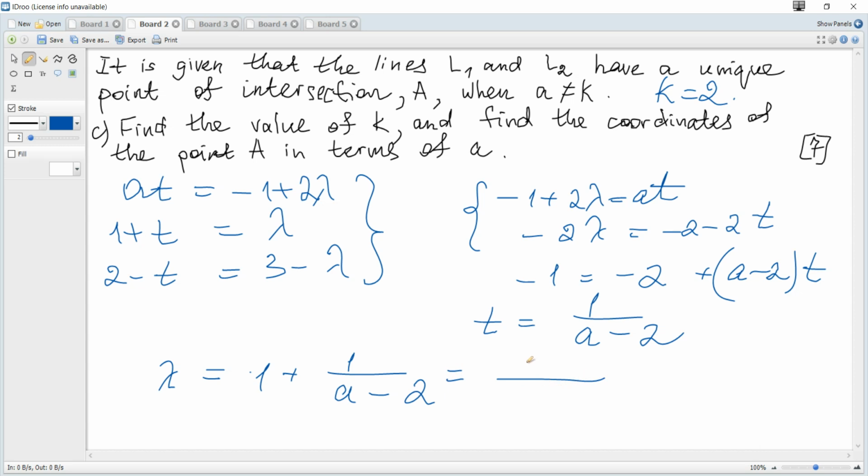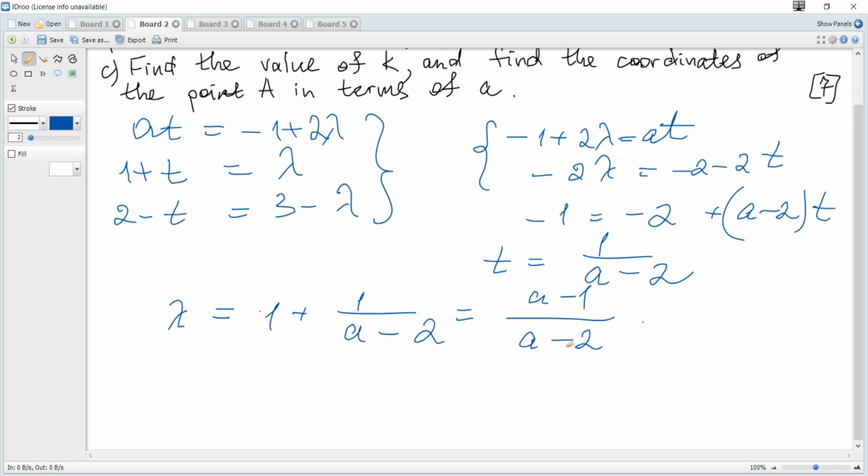It may be not required, but it becomes to this value.